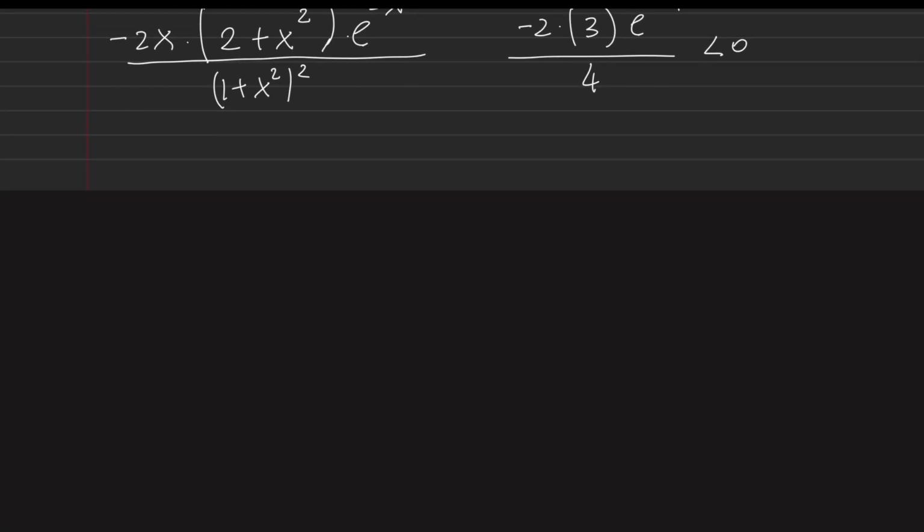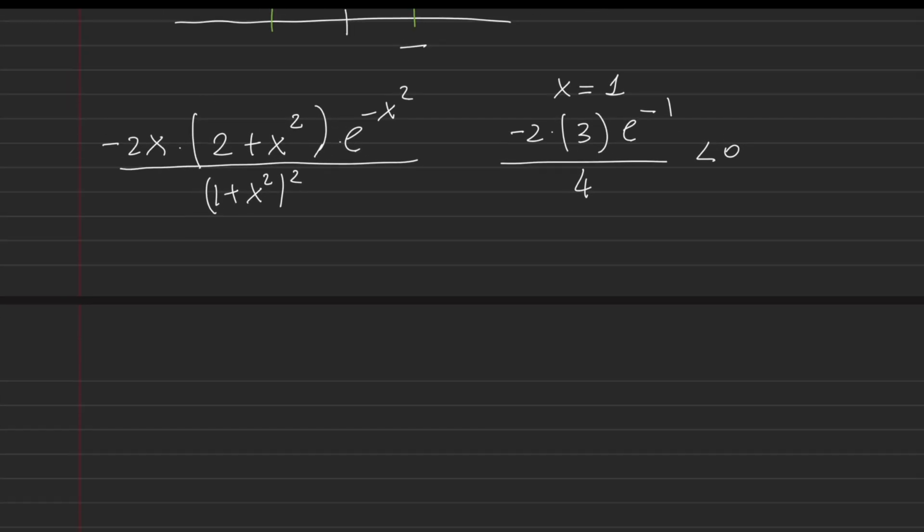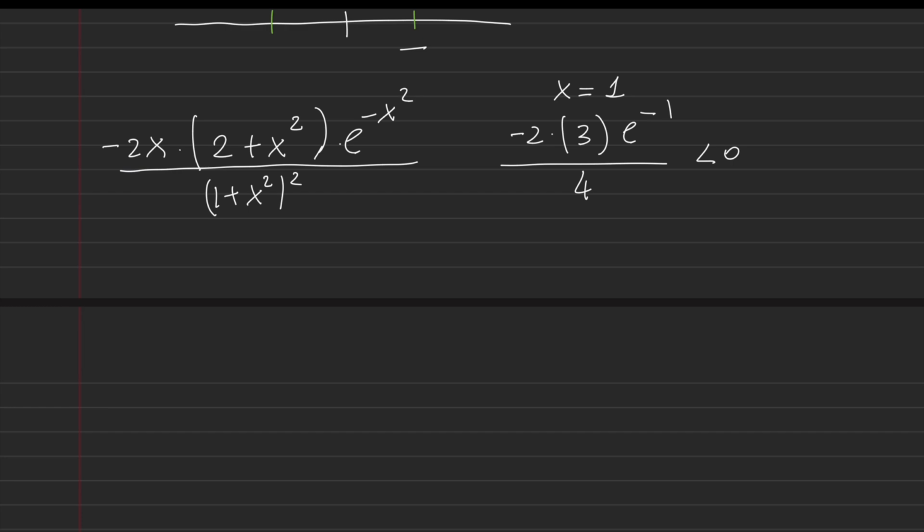And for x equal to minus 1 now, sorry for this little delay. I can evaluate the same expression, and I get minus 2 times minus 1, which is 2, times (2 plus minus 1 squared, which is still 1). So this is 3 times e to the minus 1 divided by (1 plus minus 1 squared, still 1) all squared, still 4, and this is positive.